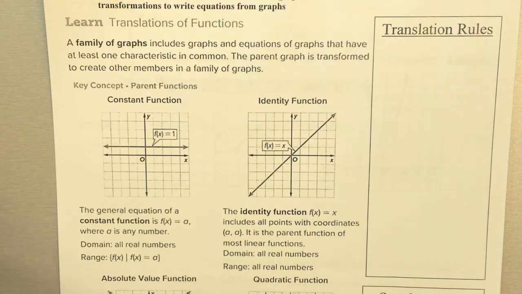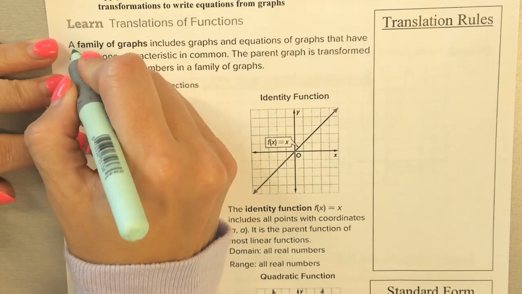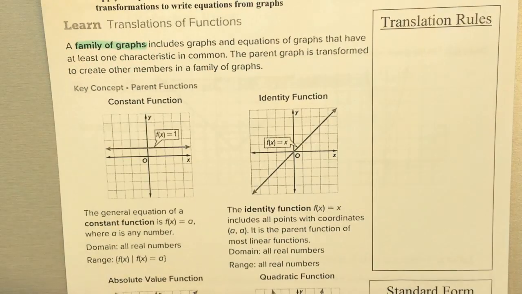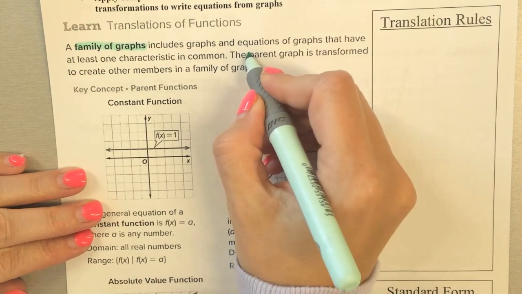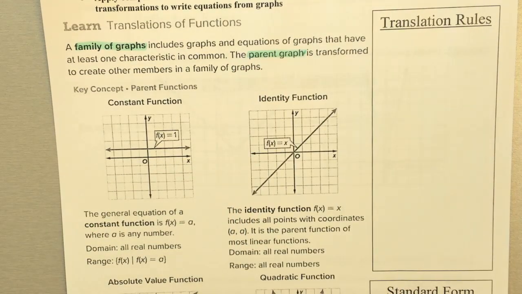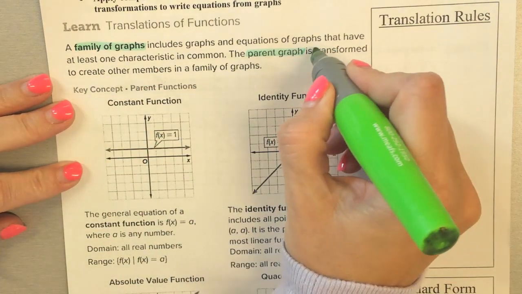We mentioned the parent function yesterday. When you have a family of graphs, that includes graphs that have at least one characteristic in common, and the parent graph is transformed to create other members in the family.